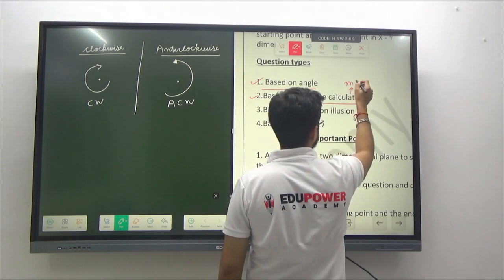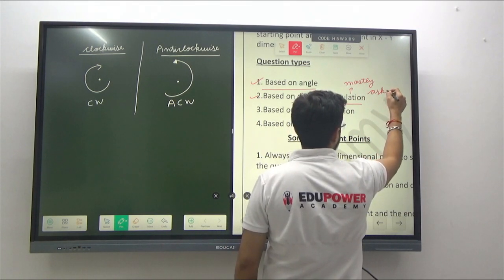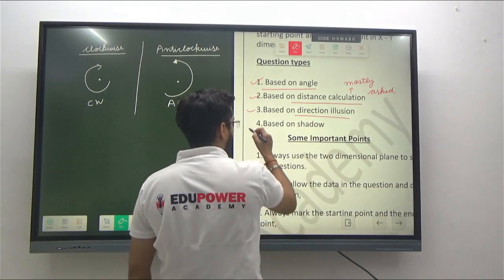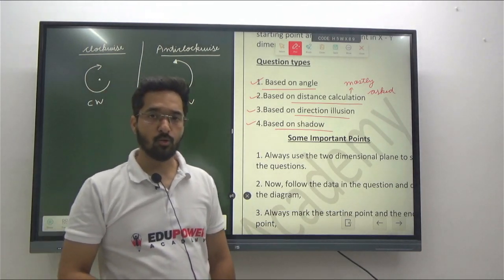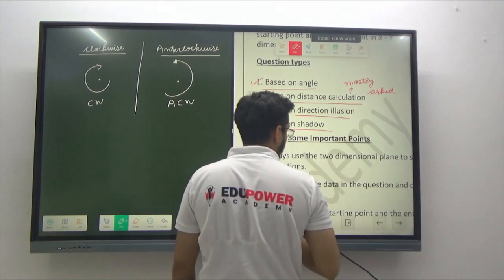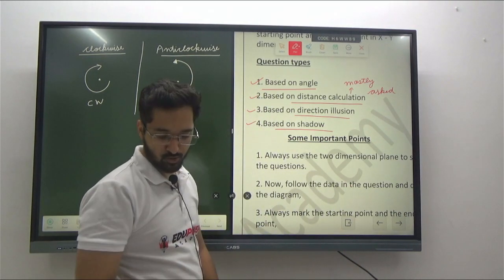The third type is based on direction illusion, and the fourth type is based on shadow. We will discuss each of these topics in detail today, and then I will give you the PDF practice sheet, in which you can solve more questions.